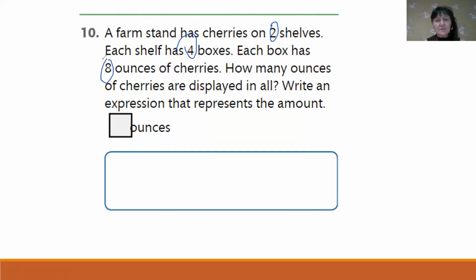How many ounces of cherries are displayed all together? Together usually means plus, but here we are doing multiplication because multiplication is connected with addition. Our equation is 2 shelves times 4 boxes times 8 ounces.